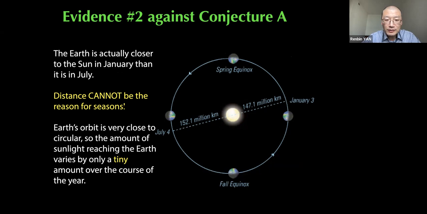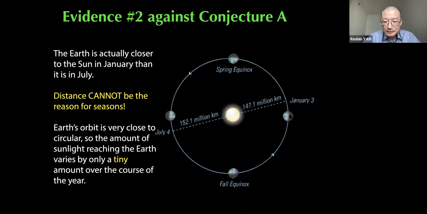And also think about this fact: remember that I talked about the size of the Earth compared to the size of the sun, right? When we shrink the sun to the size of a basketball, the Earth is like a tiny grain of rice orbiting that basketball about 26 meters away. So it is actually very, very tiny. And also the Earth's orbit is very, very circular.